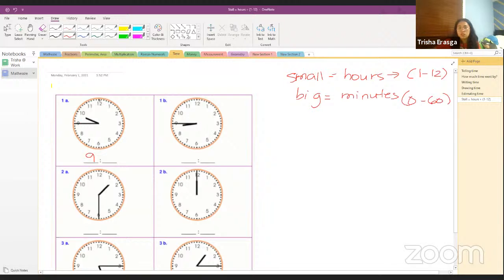So if this one's a 0, this one's a 5, this is a 10, this is 15, this is 20, this is 25, this is 30, this is 35, 40, this would be 45. So exactly on 9 would be 45 minutes. So the time for the first one is 9:45.